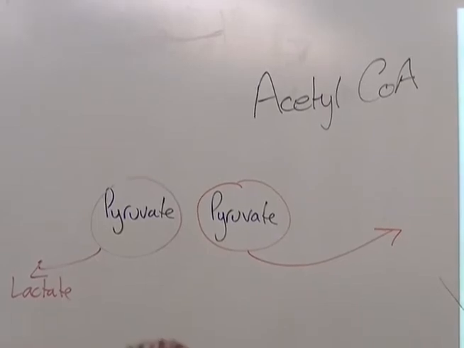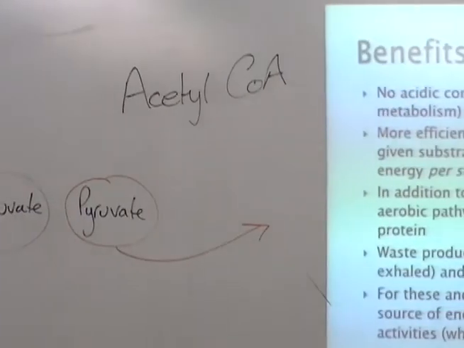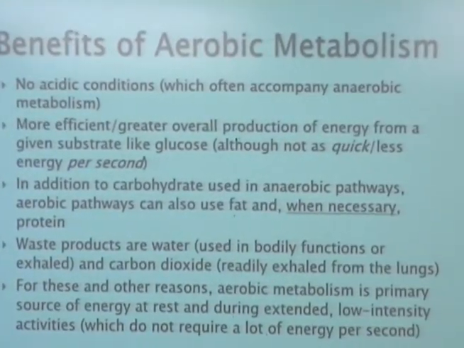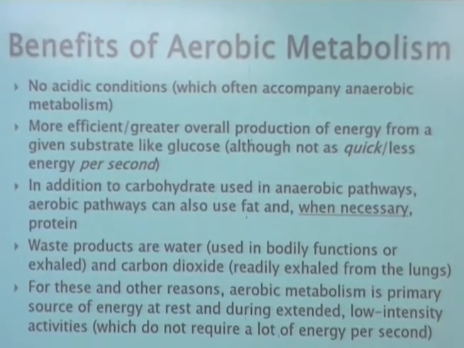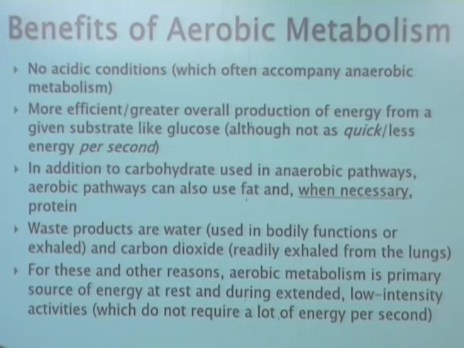Alright, so our benefits of aerobic metabolism, right? We don't get lots of acid buildup when we work aerobically. As you're going to see, those hydrogen ions that are acidic get taken over to the electron transport chain, and they're used to make ATP, and then we get rid of them via water molecules.